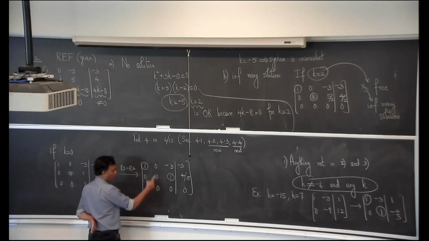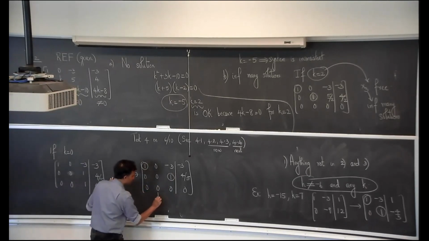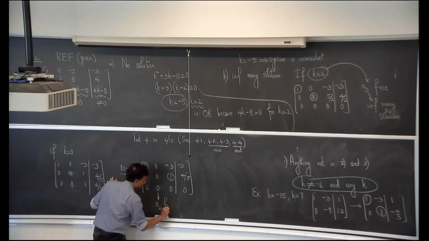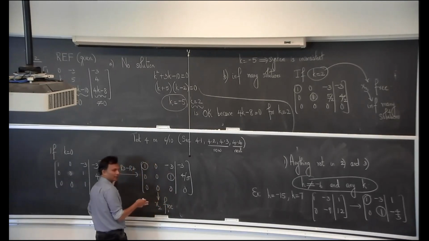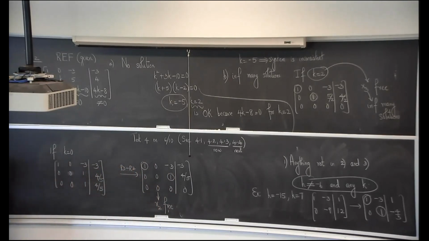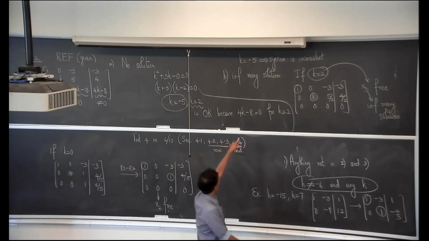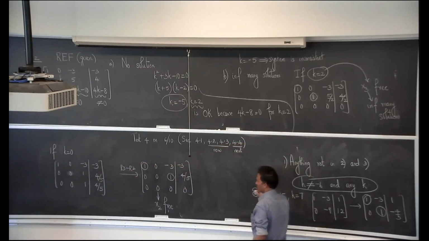The second column is kind of staying free of any kind of leading ones. So X2 is free. There is no leading one in the second column, which you have to look carefully to spot. So for both k equal to 0 and k equal to 2, there are infinitely many solutions.